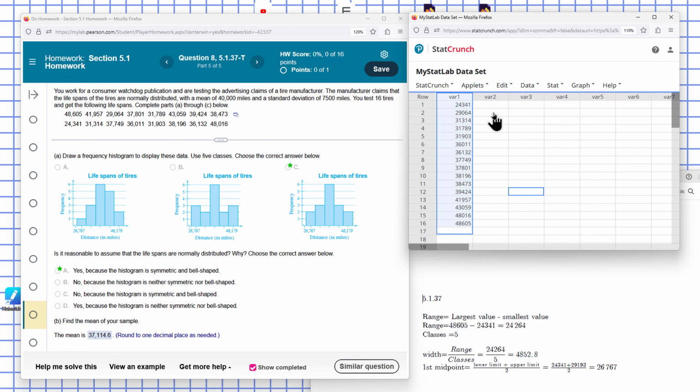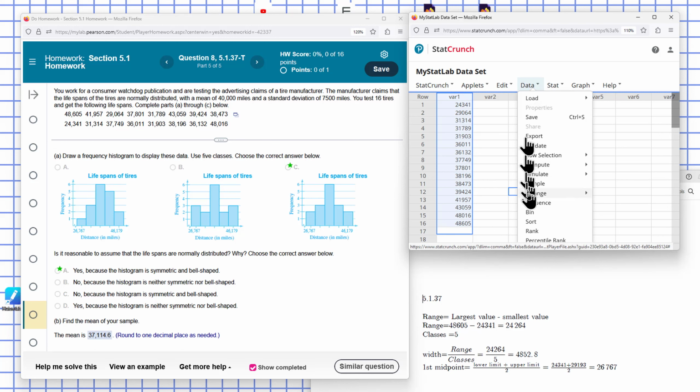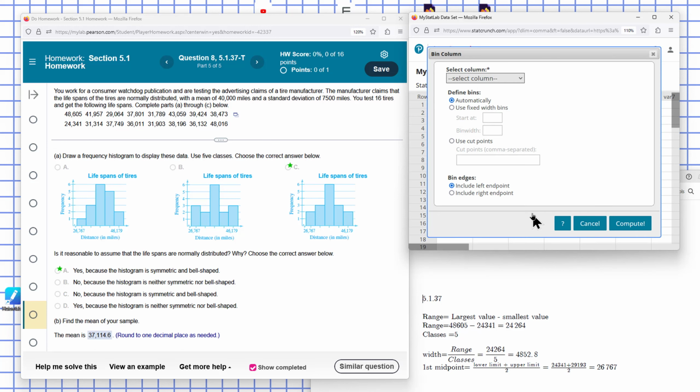Okay. So let's go ahead and put these numbers into bins. So I go to data and I select bin, and I select my column.